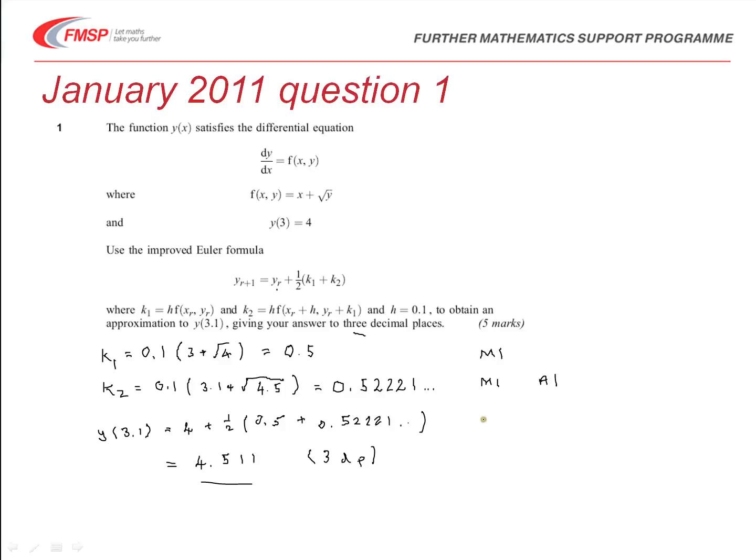And then again a method mark at this point for working out y of 3.1, and then again an accuracy mark for obtaining the required result. Short question, just for 5 marks.